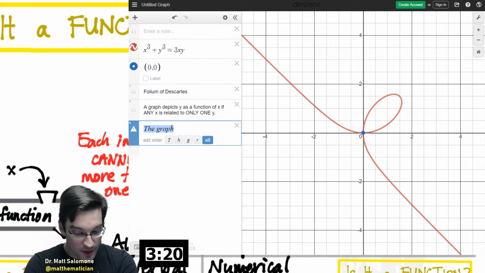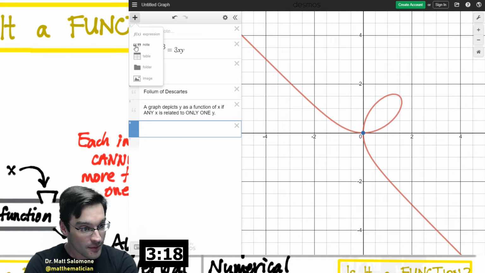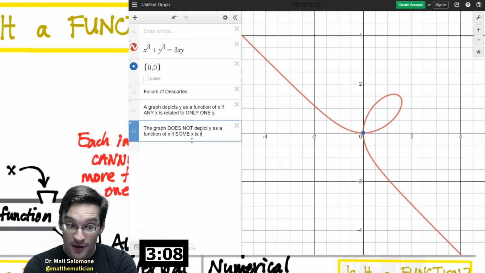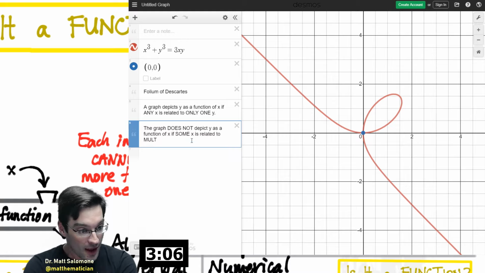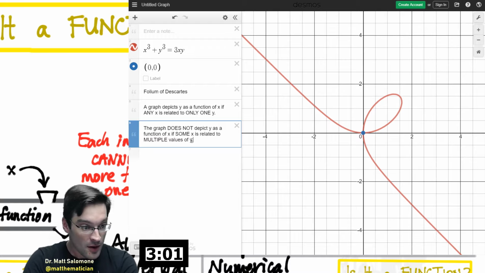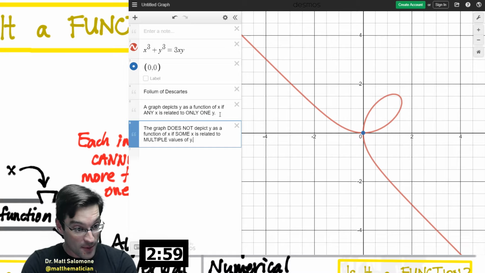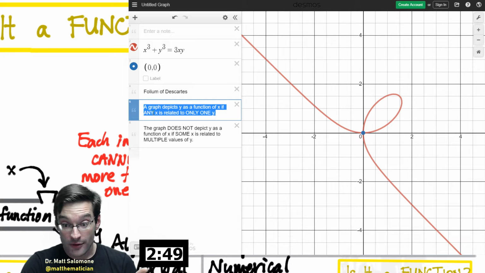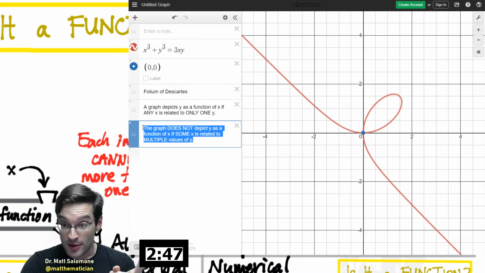The graph does not depict y as a function of x if some value of x is related to multiple values of y. So this is what mathematicians call the definition, and the negation of this definition. This is what it means to be the graph of a function. This is what it means to not be the graph of a function.